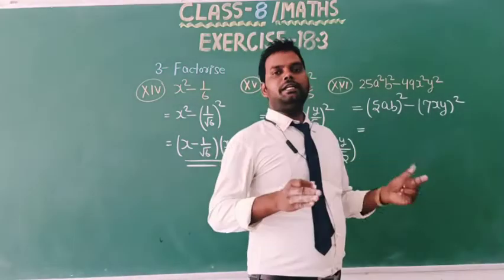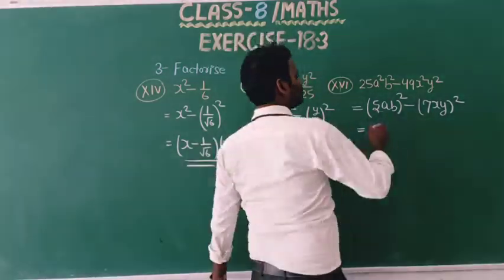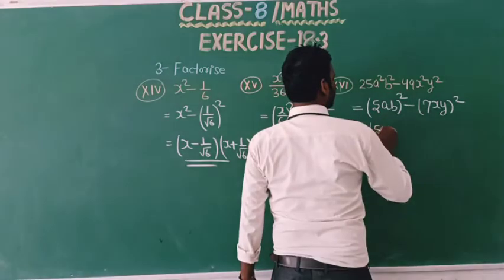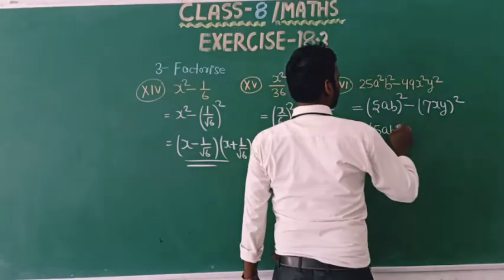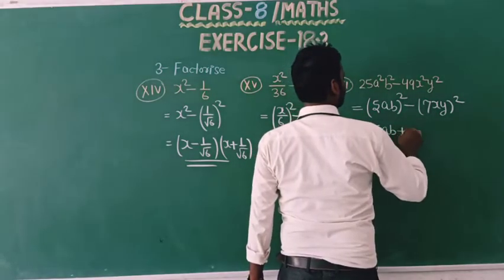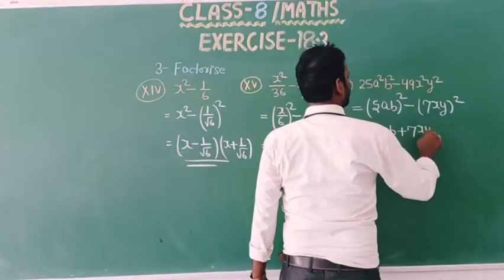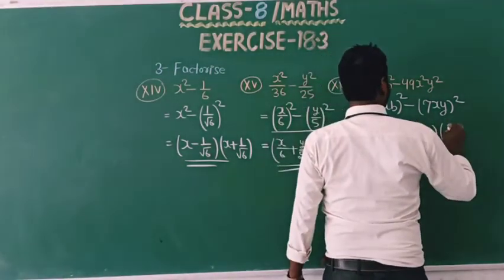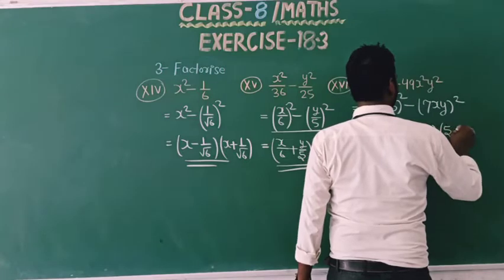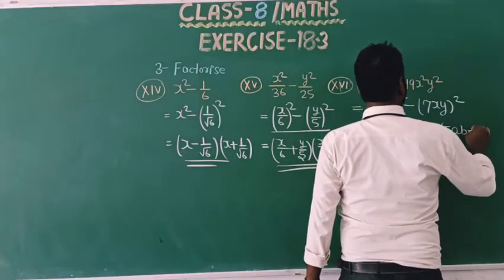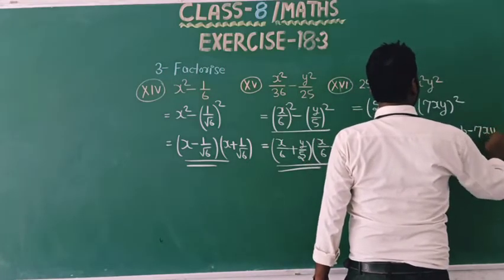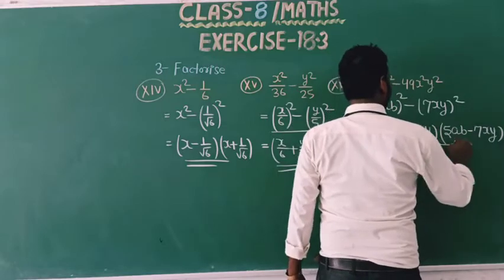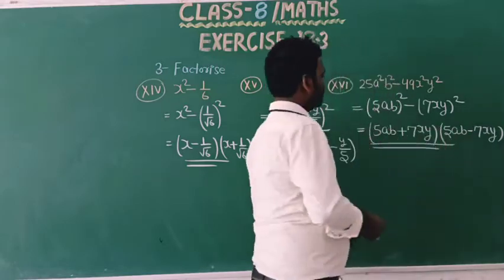Again using the identity a square minus b square, this becomes in one bracket 5ab plus 7xy and in the second bracket 5ab minus 7xy. So dear children, this is the solution.